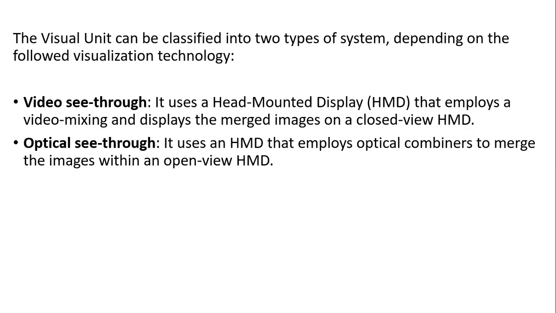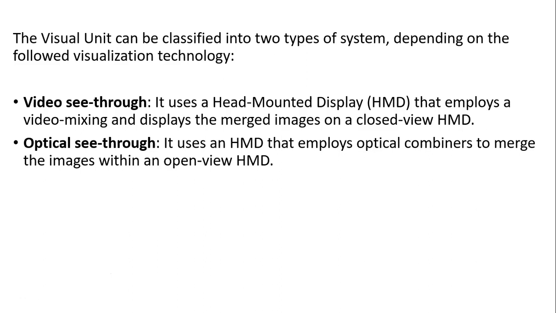So video see-through and optical see-through both use a hardware device called a head-mounted display, that is HMD. HMD is the one that employs a video mixing, and it displays the merged images on a closed view HMD. So in case of video see-through, it uses a head-mounted display that employs a video mixing, and it displays the merged images on a closed view HMD.